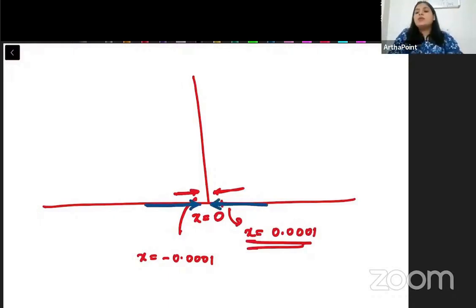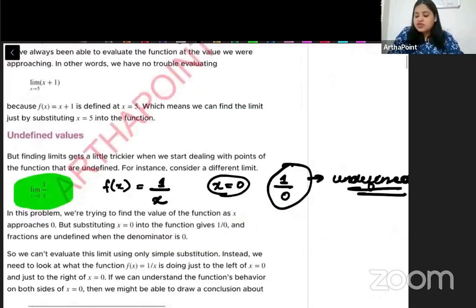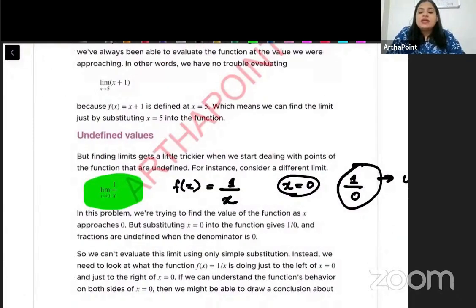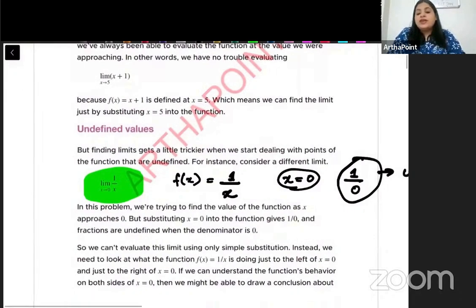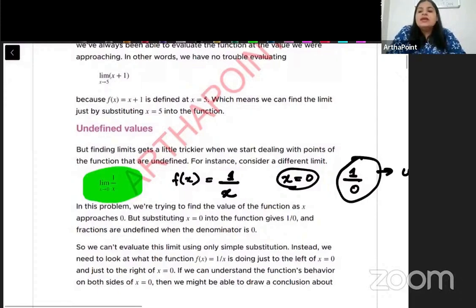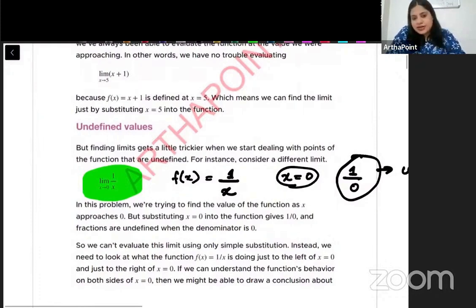And this is where we want to talk about something known as one-sided limits. That is where I want to define the exact definition of limit. One-sided limits are basically when you evaluate the limit only from one side, either the left-hand side or the right-hand side.